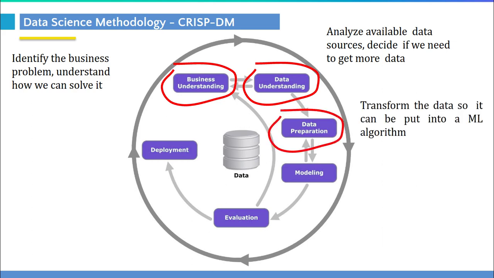The third is data preparation. This is the most important part for any predictive modeling. This is the stage where we transform the data so it can be put into statistical modeling for a predictive purpose. It is a machine learning technique where we need to have data in a certain format, so that kind of analysis and preparation is required.